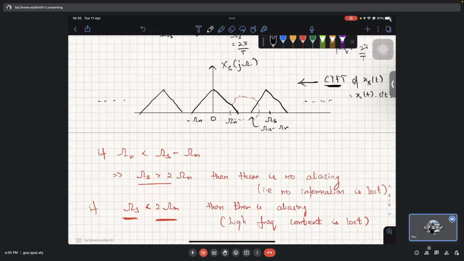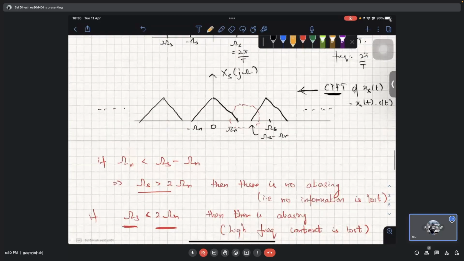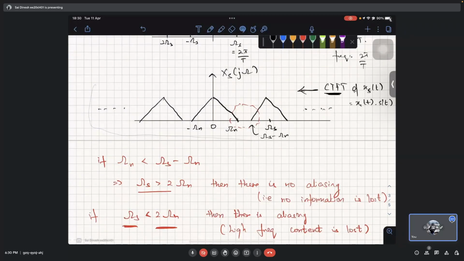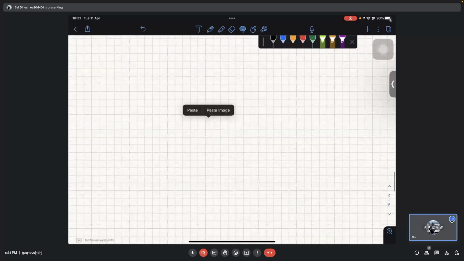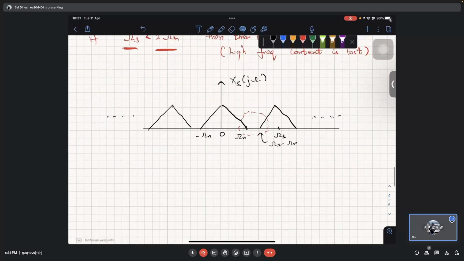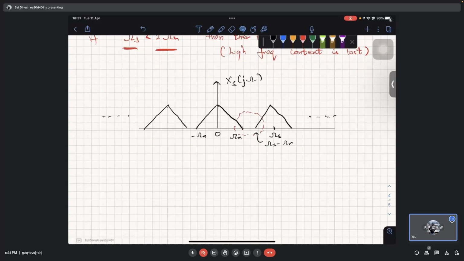Now what can be done after this is, actually one more thing is that there is a gain of 1 by T here.